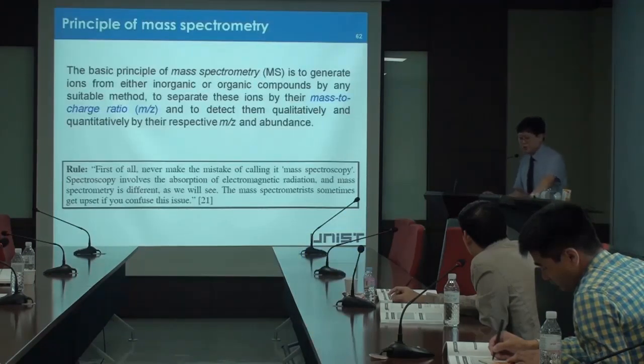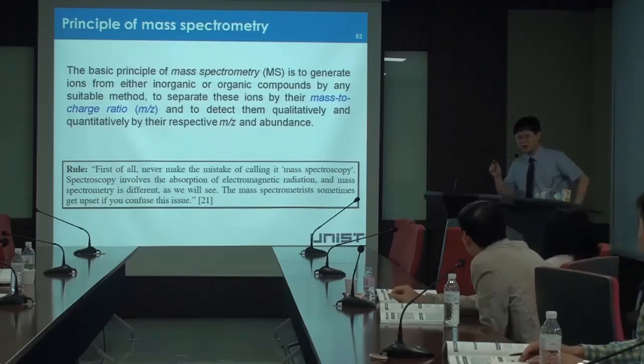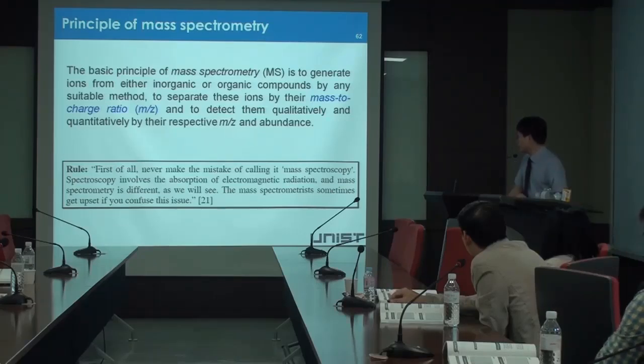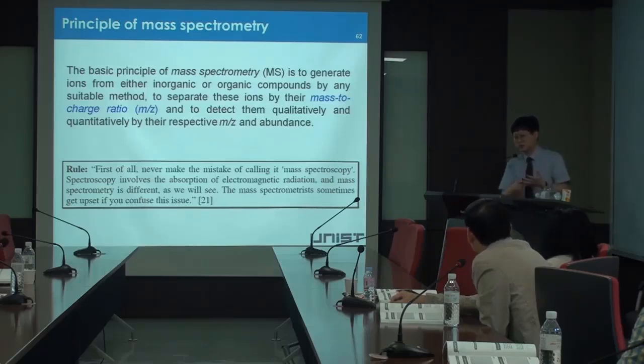Okay, the principle of mass spectrometry is to make neutral molecules into ions. It's actually positive or negative ions, but generally our targets are positive ions. So the m/z value, mass to charge ratio, I already explained: molecular weight and charge, plus 1 or plus 2 or plus 3.